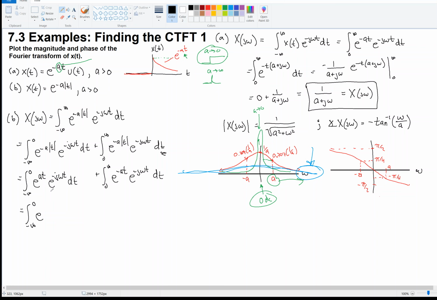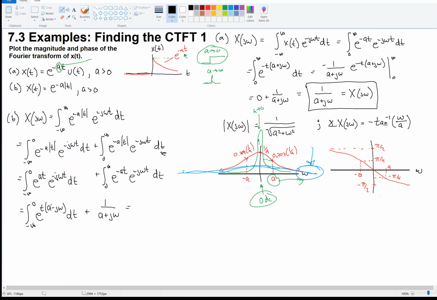So I'll just group these together. I'll factor out a t, and I've got a minus j omega. And this one we've done already. So you can look at the steps, and this one comes out to be 1 over a plus j omega. So that's the answer to the second piece, right?